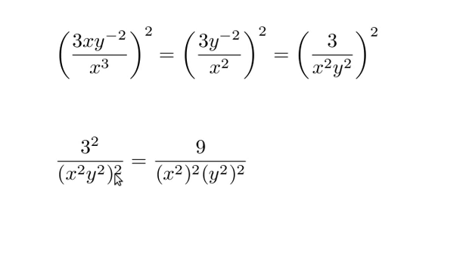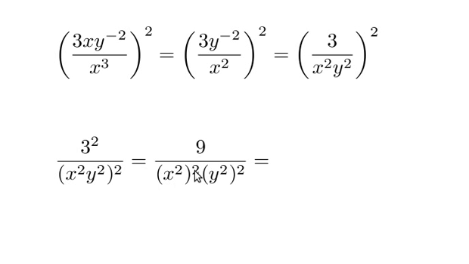So this 2 was distributed to both the x squared and the y squared. So we get 9 over x squared times y squared. Now we have rule number 3, where we have an exponent on the outside of parentheses.